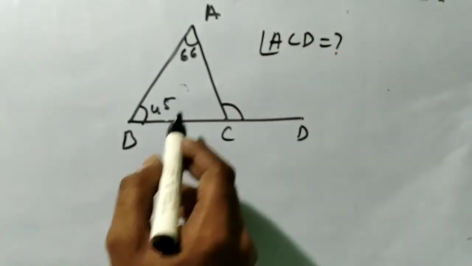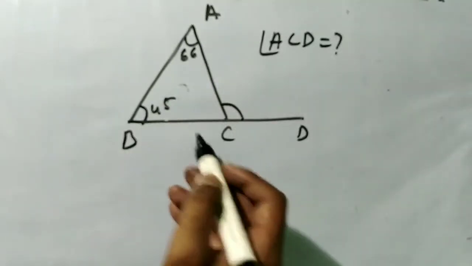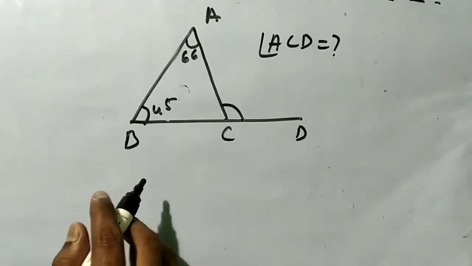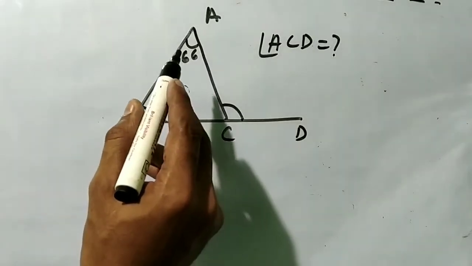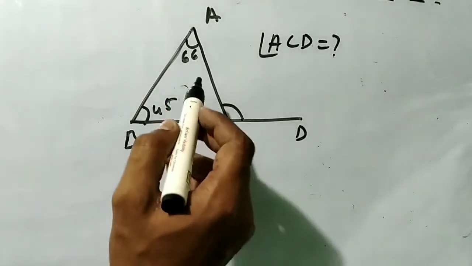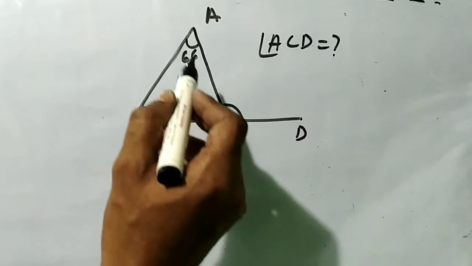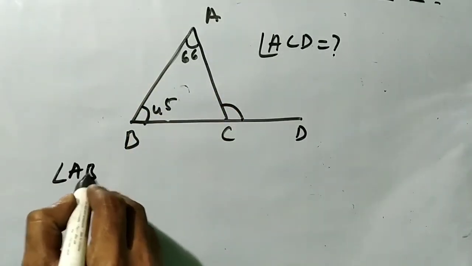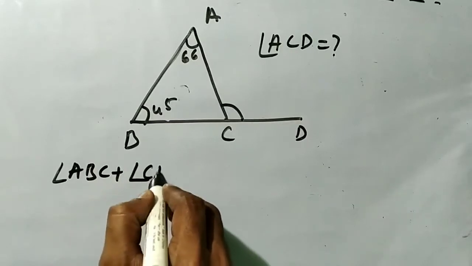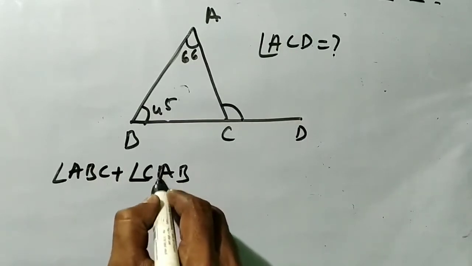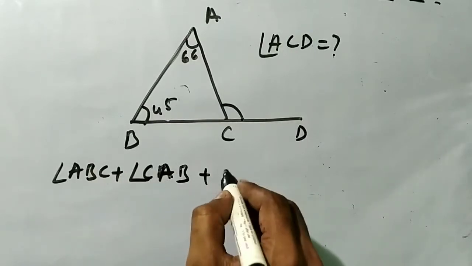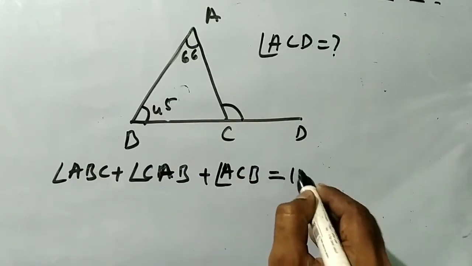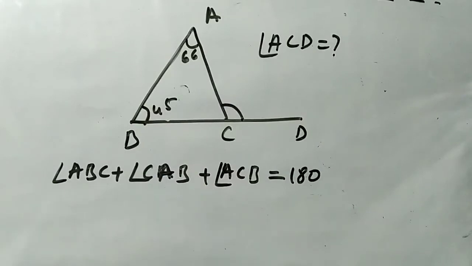We know already that the summation of interior angles is equal to 180. So angle ABC plus angle CAB plus angle ACB is equal to 180, because these are the interior angles.